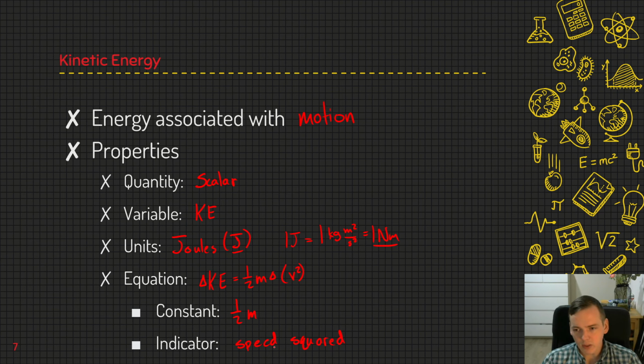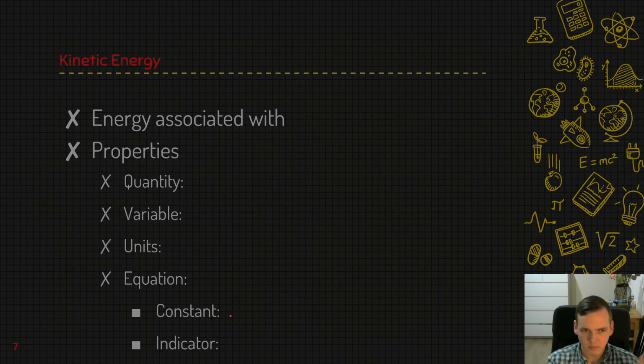For example, you can change your velocity without changing your kinetic energy, because you can go from positive 50 meters per second to negative 50 meters per second. But your speed squared in both of those cases stays the same. Therefore, there's no change in that energy system. The constant is the 1/2 m.